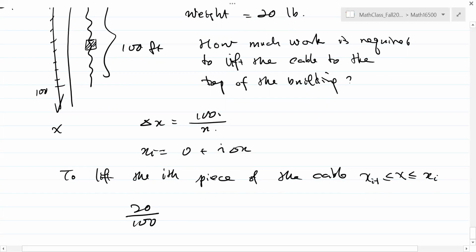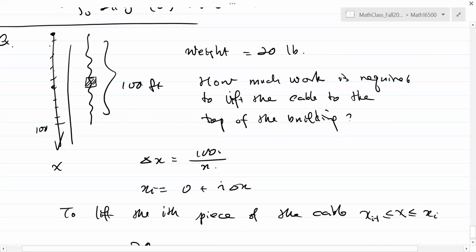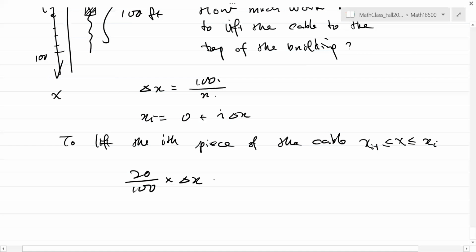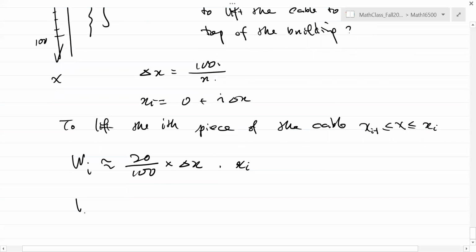That's how heavy per foot. And the length of that piece is delta x. So that gives you the weight of that piece. But the distance it travels is almost equal to xi. So you multiply by xi. Then add them together.